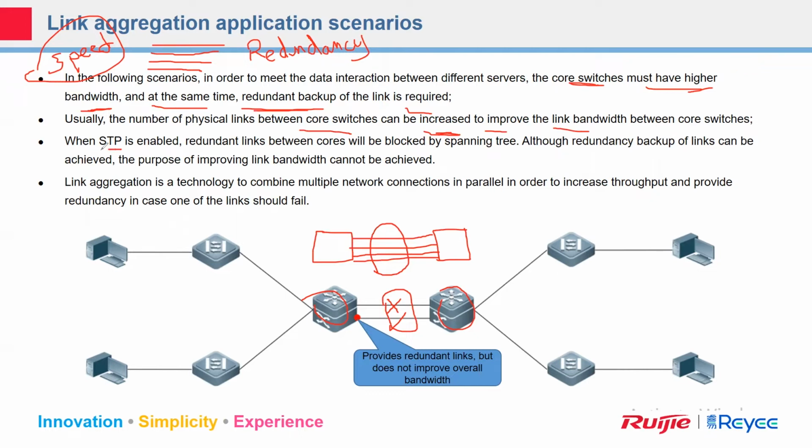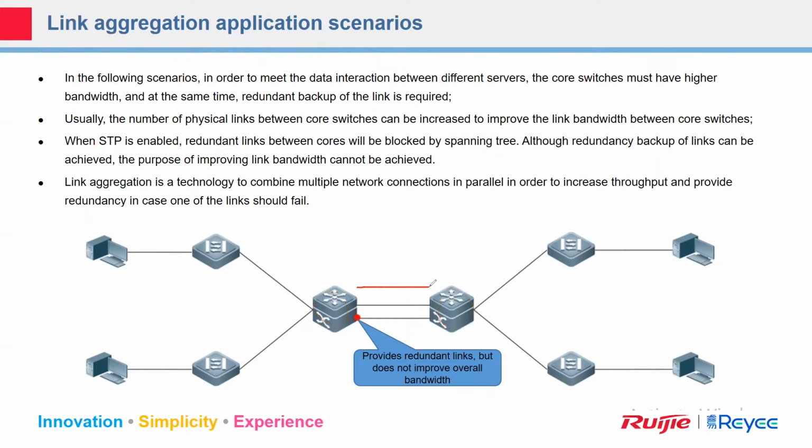When spanning tree protocol is enabled, and we will talk shortly about that, redundant links between cores will be blocked by spanning tree, because the purpose of spanning tree is to stop the data from being sent and received again, going in a redundant loop, which makes something called a layer 2 loop.